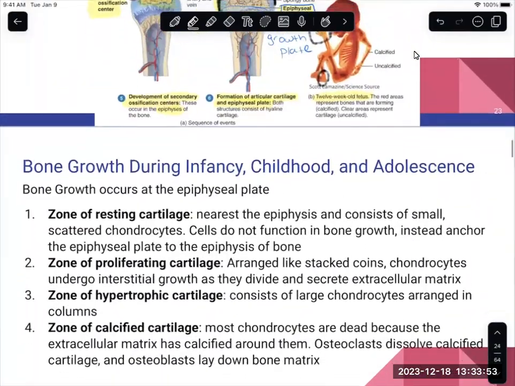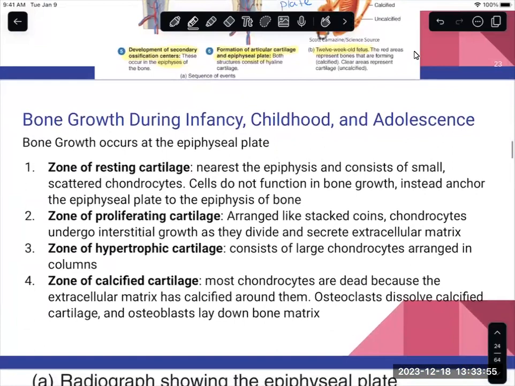So now that epiphyseal plate, that growth plate, is split up into different sections. That growth plate is hyaline cartilage, but what is happening is we've got what's known as a zone of resting cartilage.